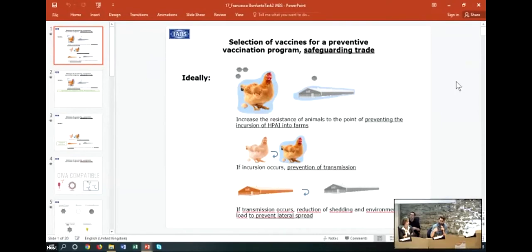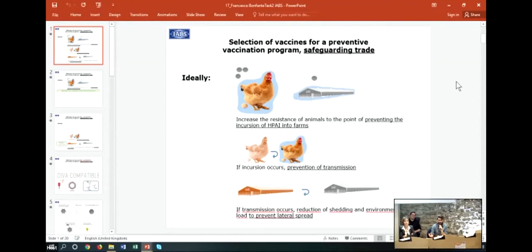But even if infection occurs, we want our vaccines to reduce the ability of these viruses to spread from one animal that might have been missed during vaccination to the rest of the well-vaccinated animals. And even if these animals are somehow immunodepressed, we don't want the environmental load in our premises to be so high that these premises represent a threat for lateral spread.